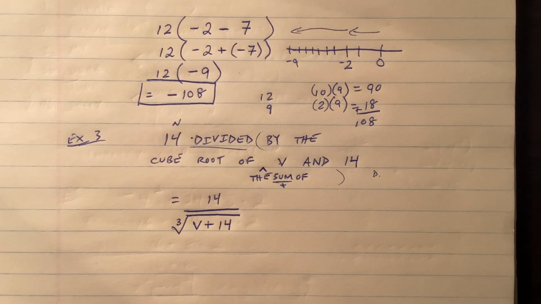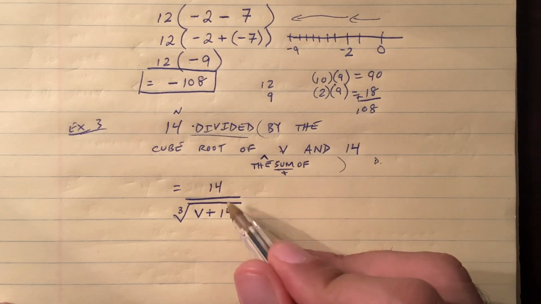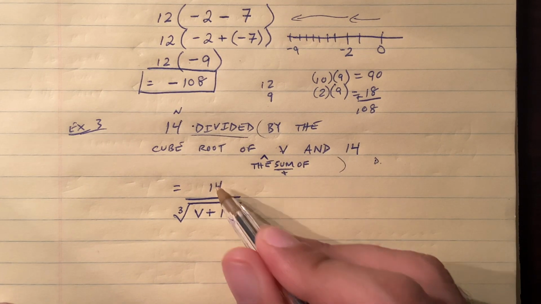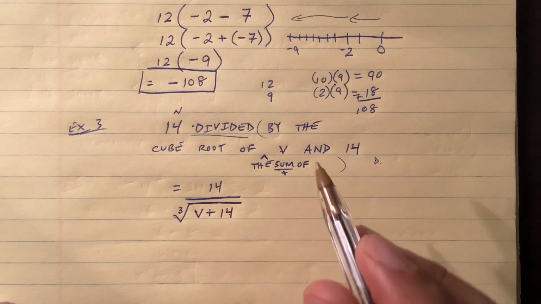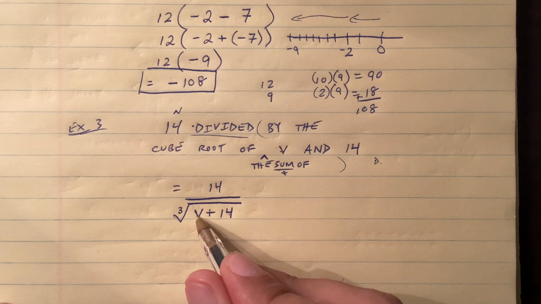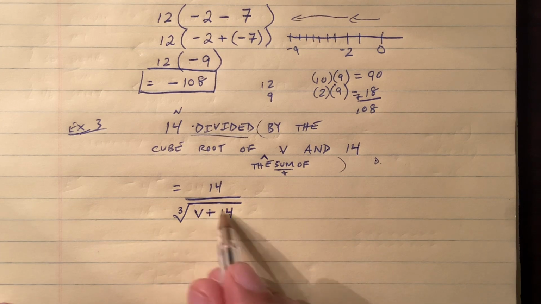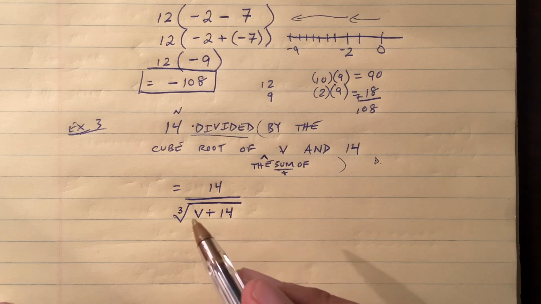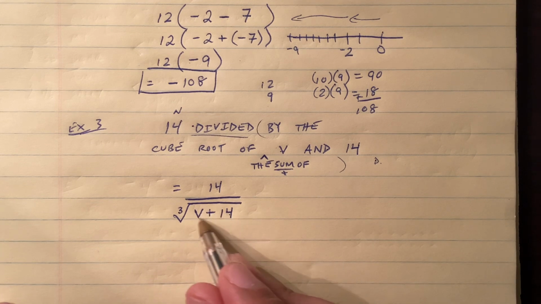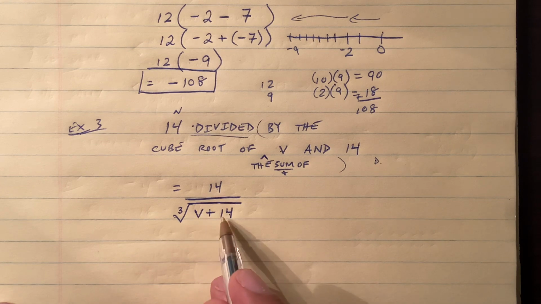Now, something we have to be careful of, we are not allowed to simplify these 14s. Even though this is a 14 and this is a 14, this is not just a 14 down here. This is whatever v is going to be equal to. Let's say v is equal to 1, then now this is 15. If v is equal to 20, now this is going to be 34. So we're not quite sure what the denominator is going to end up being, but this 14 is off by itself.